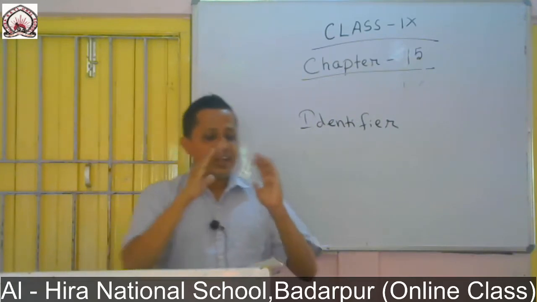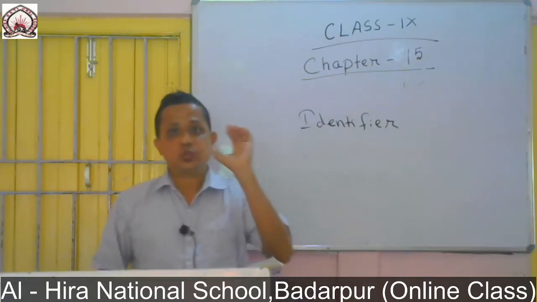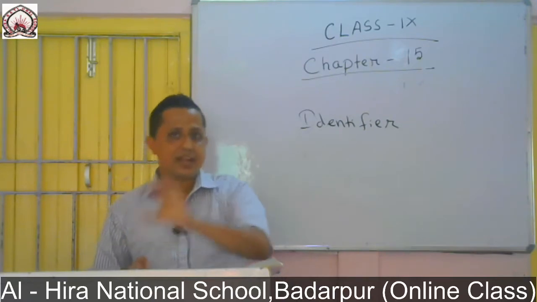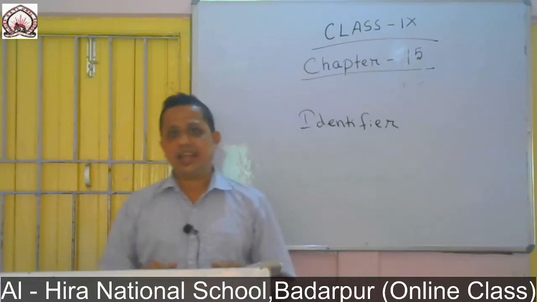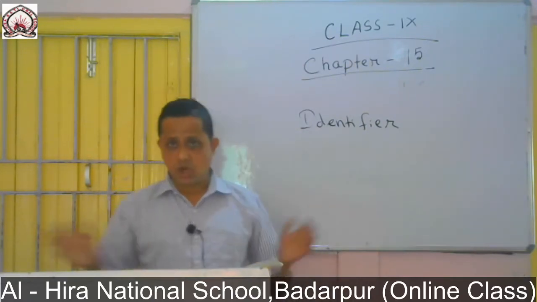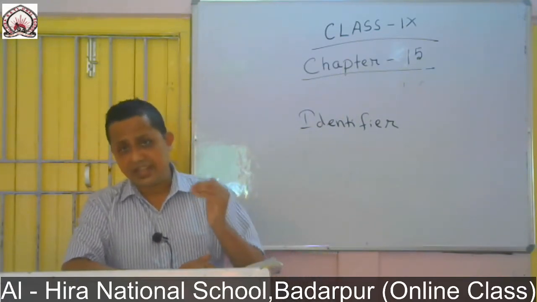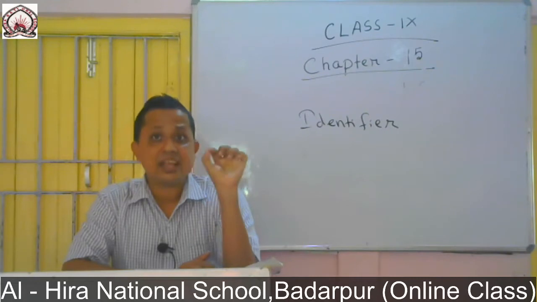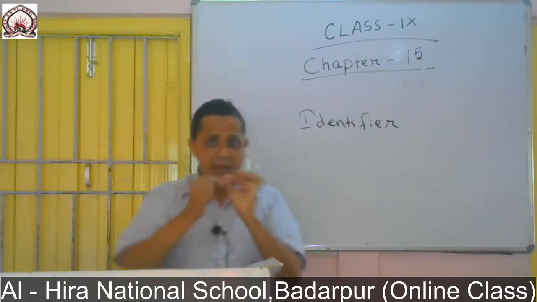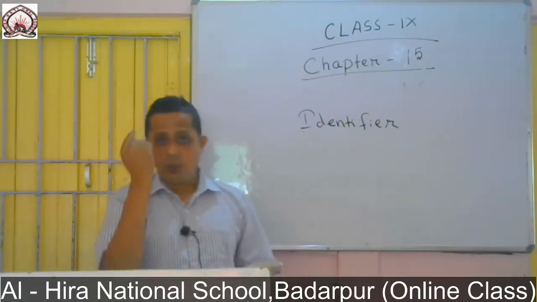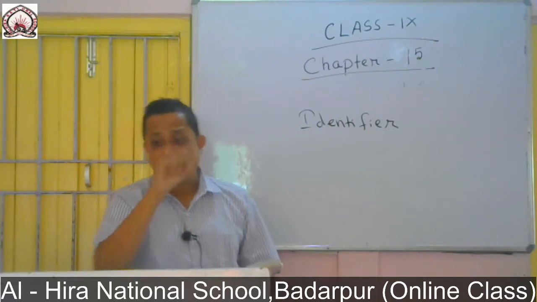It can have letters like small a to small z or capital A to capital Z, or digits 0 to 9, or a special symbol. Only one special symbol is allowed, the underscore sign.